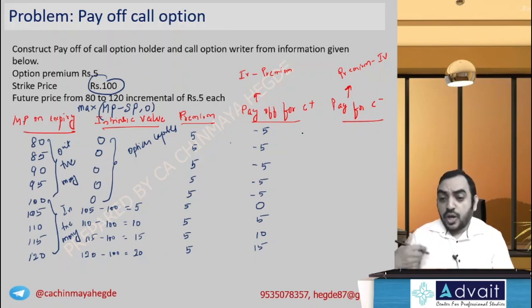Now premium payoff we discussed. Payoff for the writer will be premium minus intrinsic value. So what is premium here? 5. Intrinsic value 0. So 5 minus 0, plus 5.